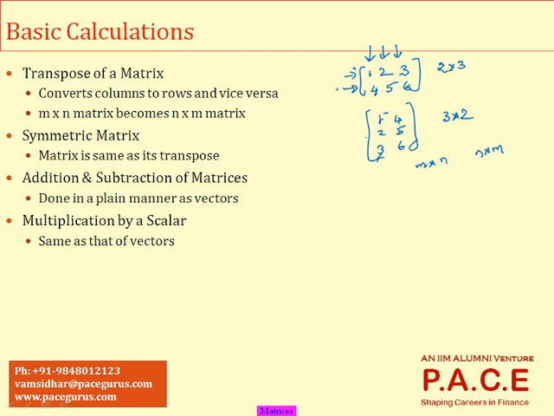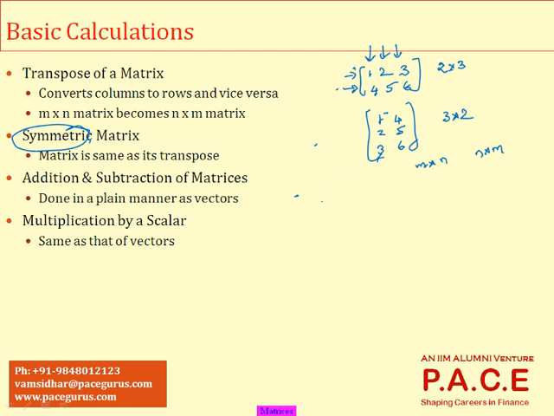And when I transpose, the shape of the matrix is changing, the contents are changing, everything is changing. But even after I transpose, if the content does not change, that is what we call a symmetric matrix.